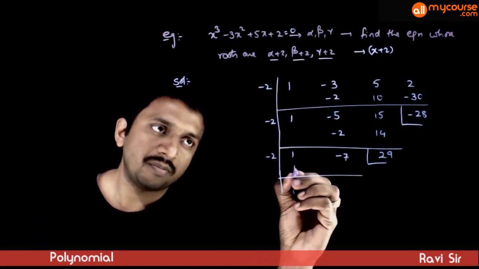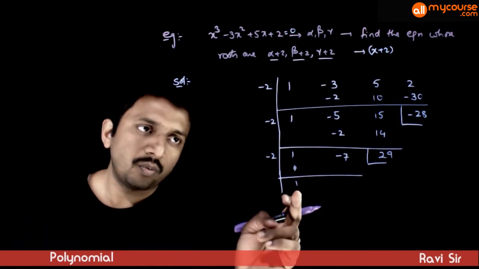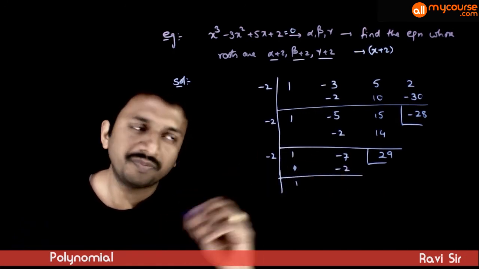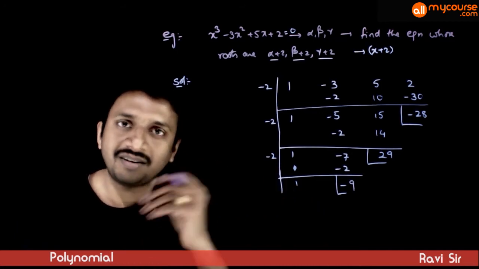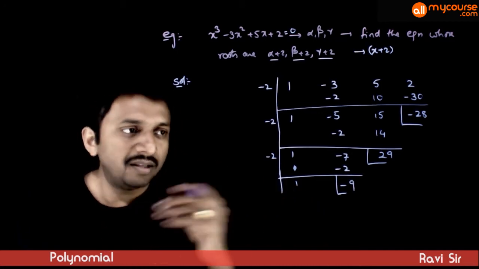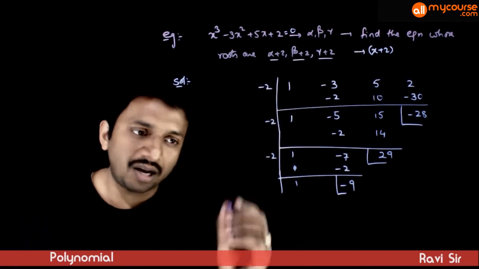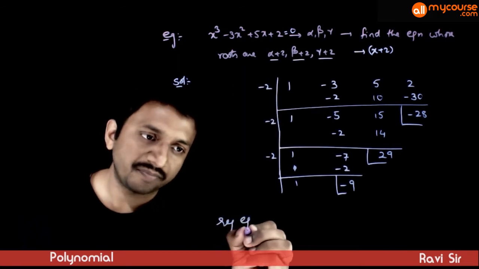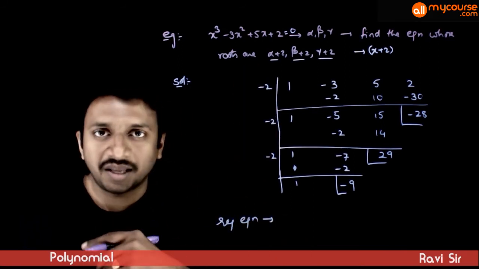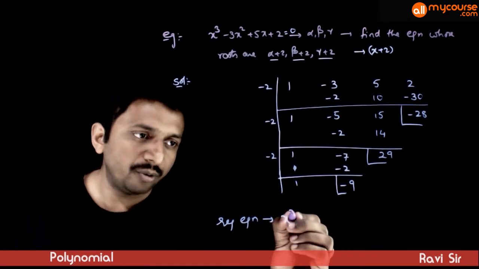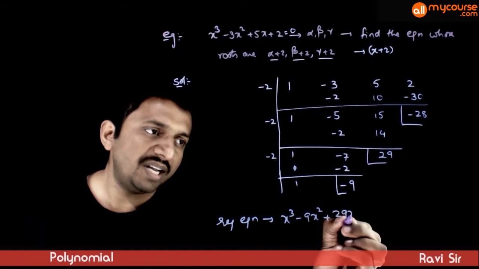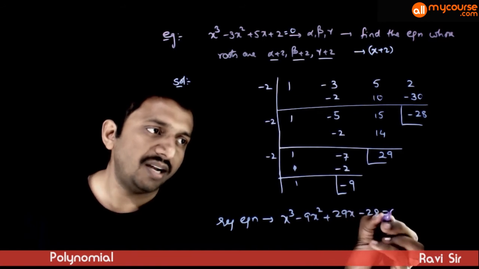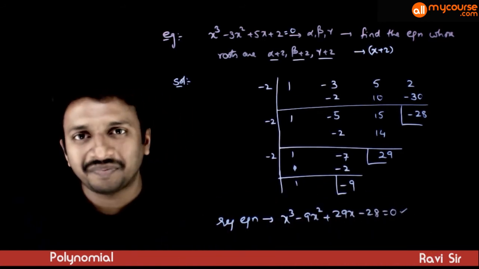So you get 1 here. 1 into minus 2 is minus 2. The remainder is minus 9. And the last remainder is 1. So the required equation is nothing but 1x cube minus 9x square plus 29x minus 28 is equal to 0.